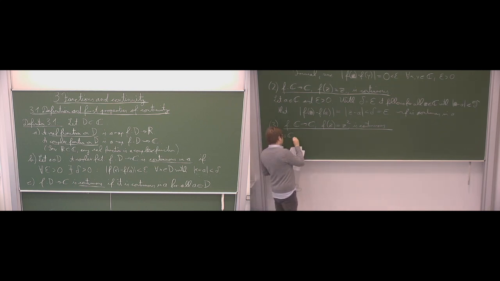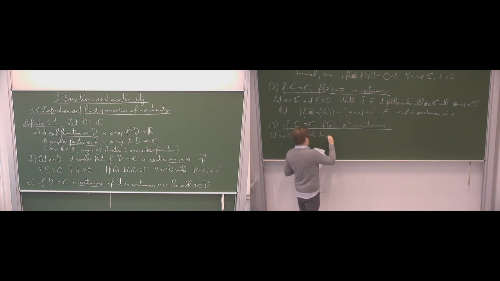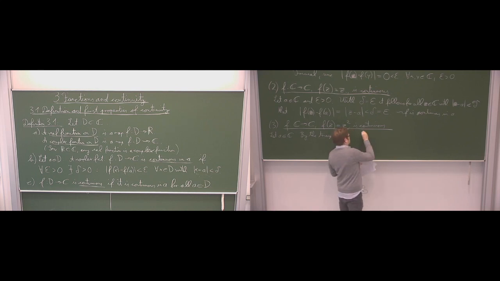First of all, we do a nice little computational trick, namely by the triangle inequality. It follows for all x in C that we can just write this point. So far it's absolutely not obvious what we do this for, but we will see in a bit.